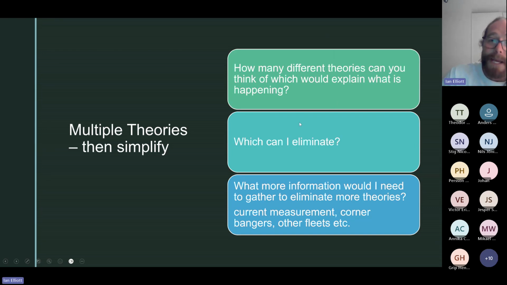Eliminate the ones that don't make any sense. It can't be current because I got my coach to take a current measurement and he said there was nothing, or whatever. Then you will have a few different theories that are still possible. What more information would you need to gather to eliminate more theories?